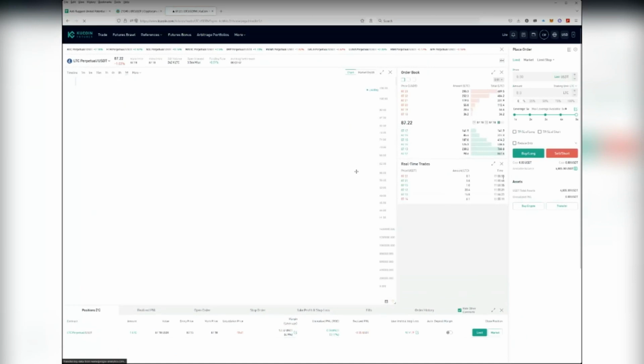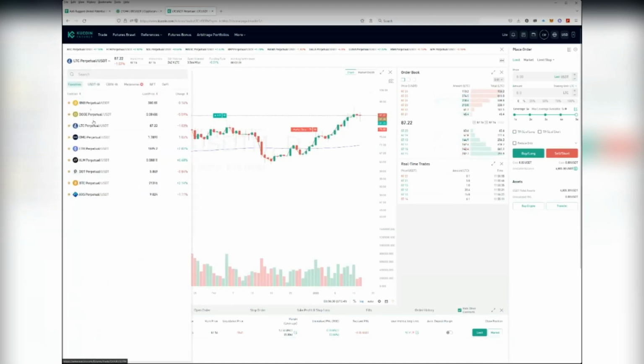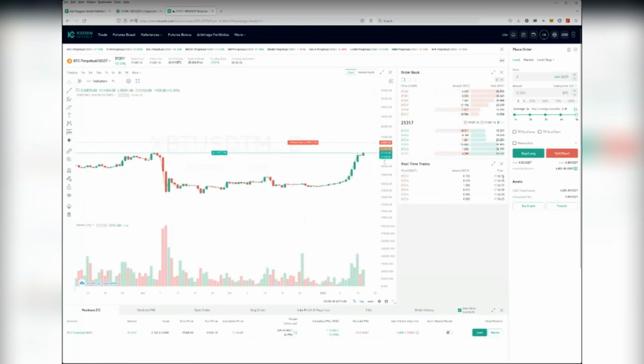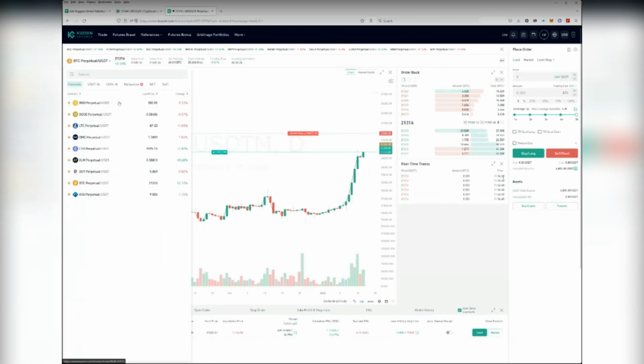So now we can see stop loss but not take profit, right? Now it's showing stop loss, but it's not showing the take profit. What is this? Let's go back to BTC. This one's showing take profit, but not stop loss. Let's pick a third coin.